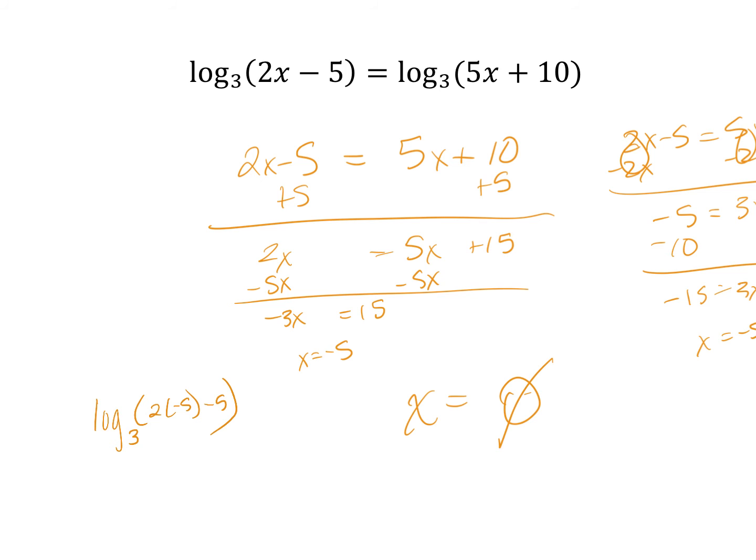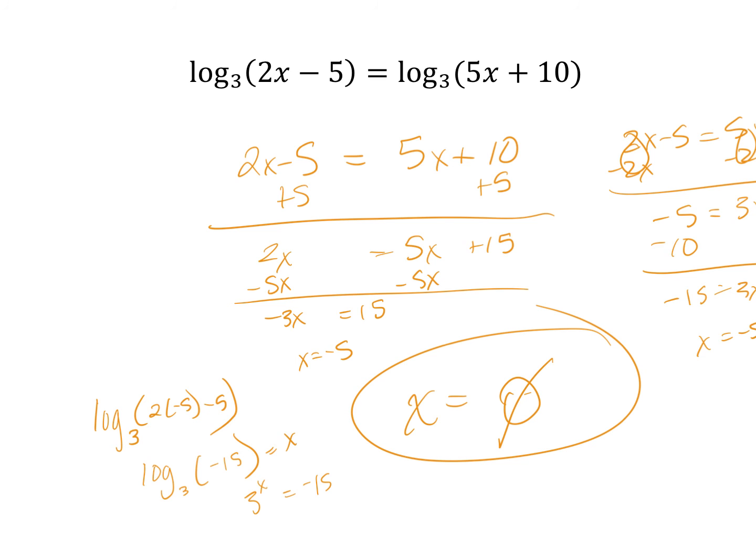That's what the left-hand side works out to be, which is log base 3 of -15. Can we do log base 3 of -15? No. That would be 3 to what power gives me -15? That's why it's no solution.